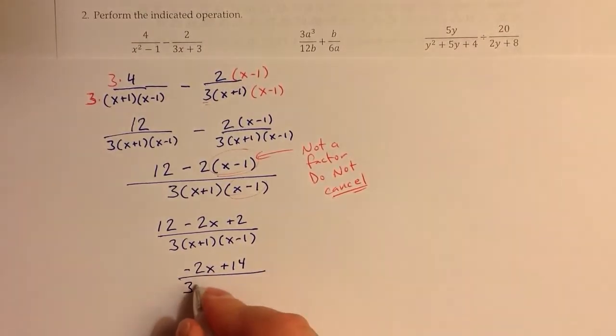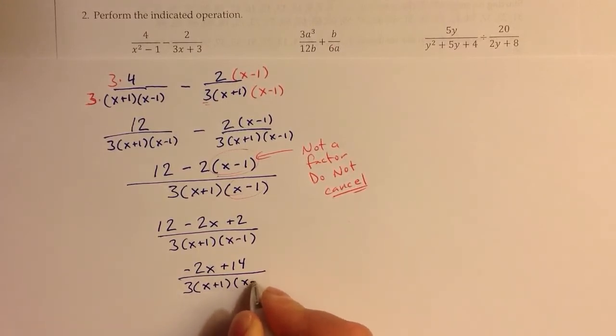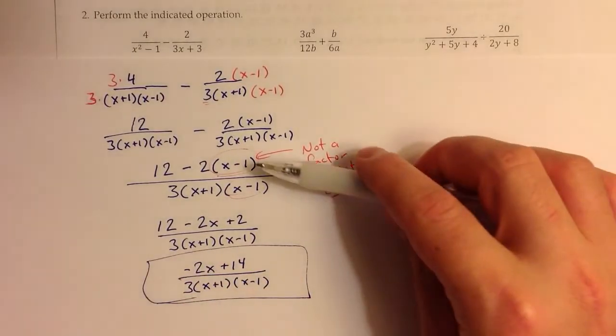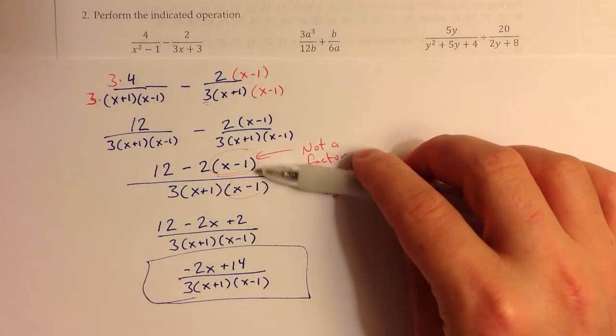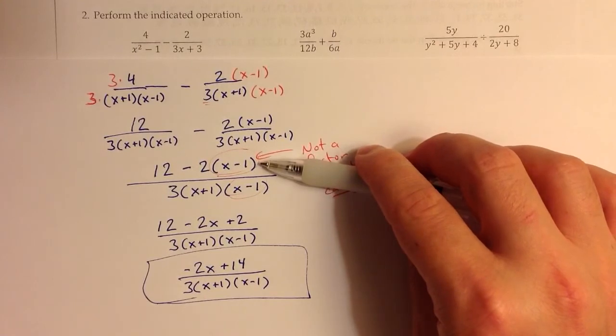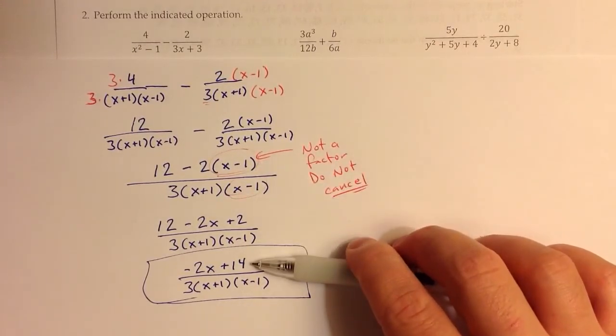Combining those like terms. And that's it. We can't make that any simpler. Again, x minus 1 wasn't a factor, so I can't cancel that with the x minus 1 in the denominator. It's not a factor up in the numerator. And if we look at what we have here, there are no common factors.